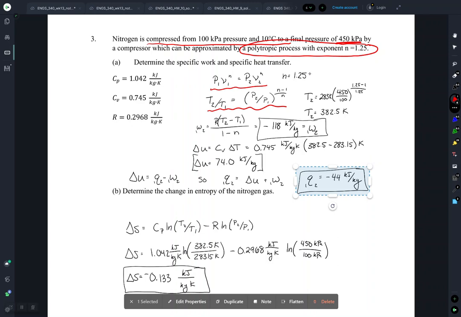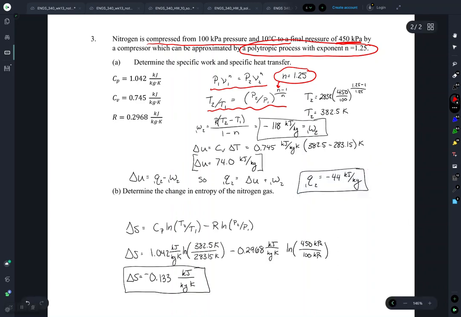Our polytropic exponent n of 1.25, we were given that on the problem. That can simply fit right there into the equation, and we can calculate a final temperature T2. So our pathway tells us that second piece of information that we need to be able to figure out what the final state is.